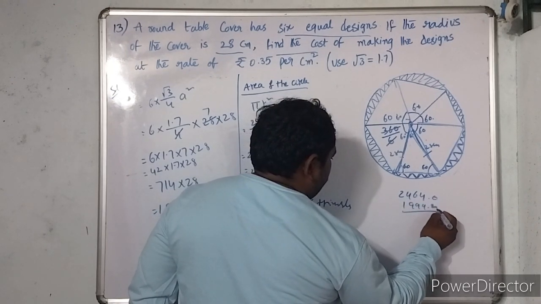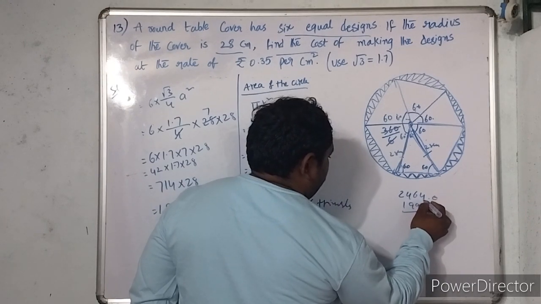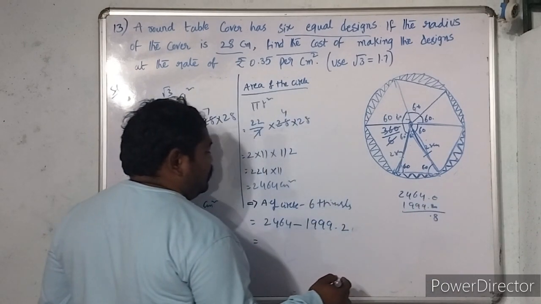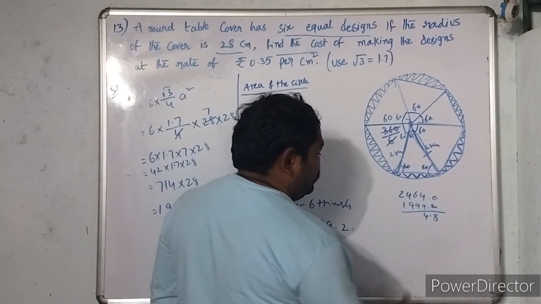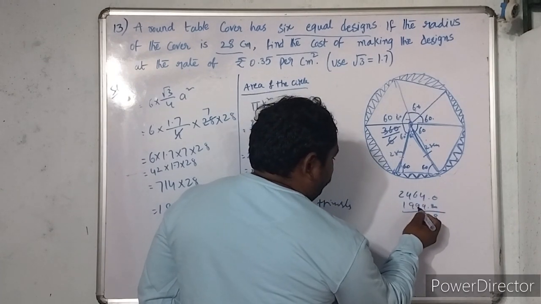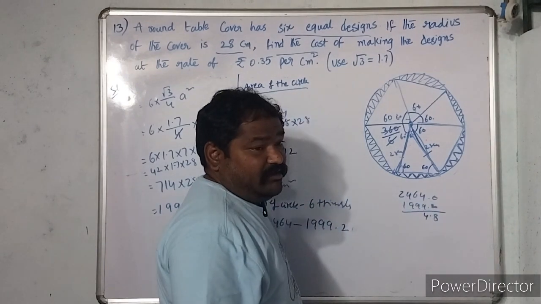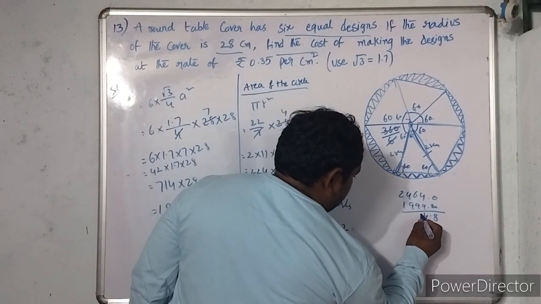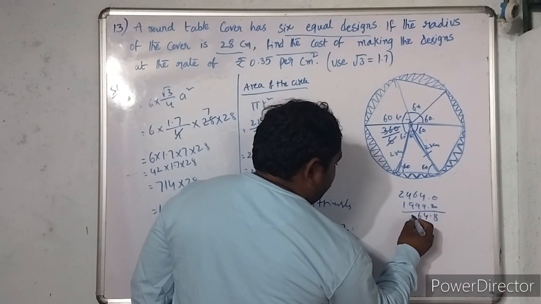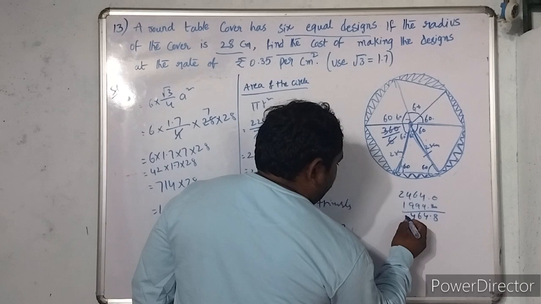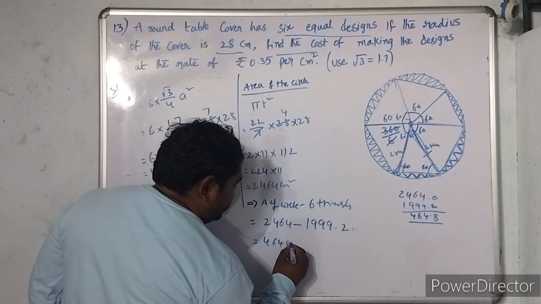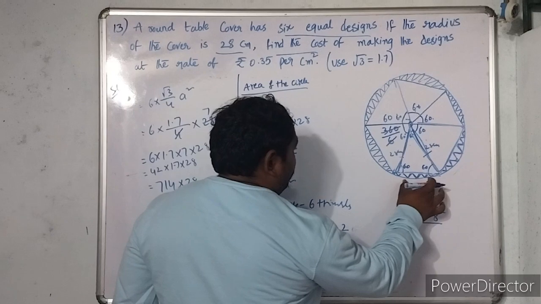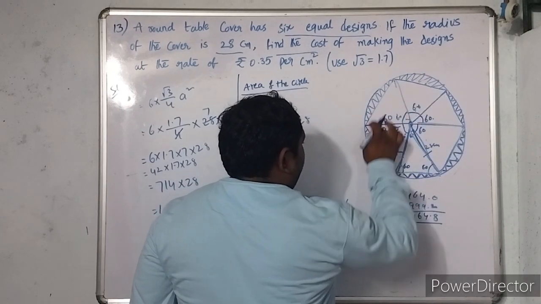Therefore 0, 8, we have 3, 4. I have 5 here, 5 minus 9, 6 3 4 1 minus 1 0. Therefore 464.8 centimeter square is the area of this remaining part.